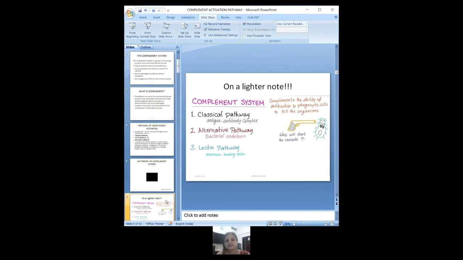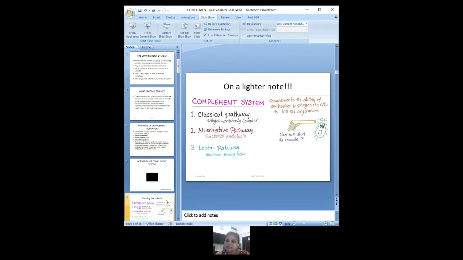Okay, so on this slide we can see, on a lighter note, that the complement system can be divided into three types: classical pathway, alternative pathway, and lectin pathway. The three pathways differ in their initiation, that is, the activators. As you can see, the classical pathway is activated by formation of antigen-antibody complex.